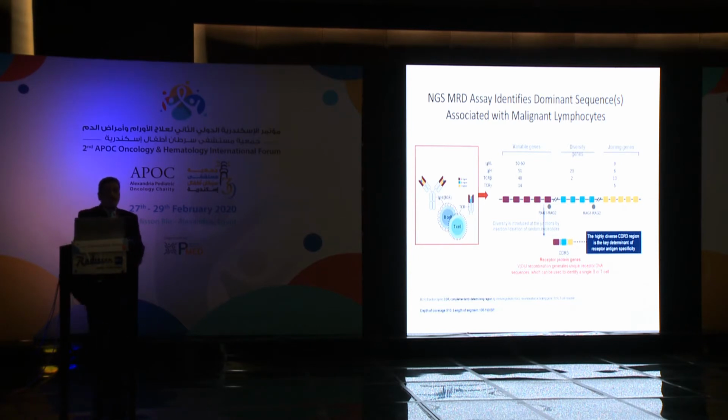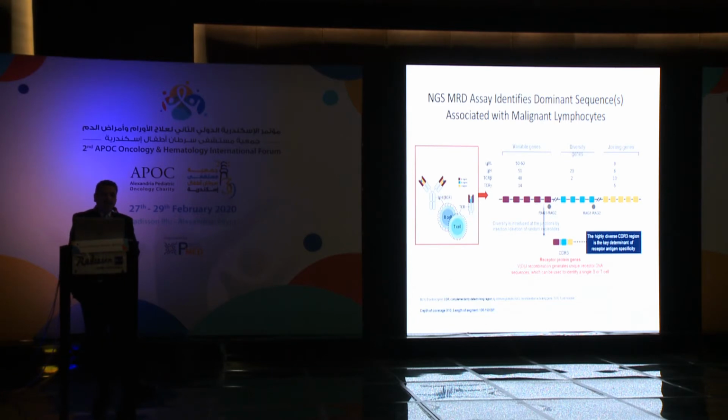This CDR3 region is highly diverse, and it's the key in determination of the receptor antigen specificity. And you could clearly see here, you could limit that to certain genes, which are the variable genes and the diversity gene, and then the joining gene between the variable and the diversity genes.